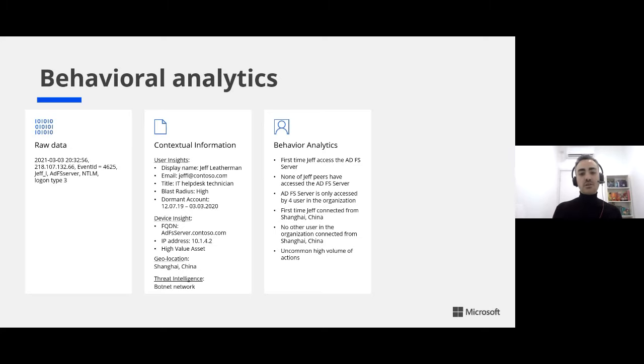We might actually learn that the server is not so popular to be accessed directly by a user. If we have information about geolocation, we can tell you it was the first time that Jeff connected from China. Maybe no one else from the organization has ever connected from China before. And we can also tell you if we detect any kind of uncommon high volume of actions.